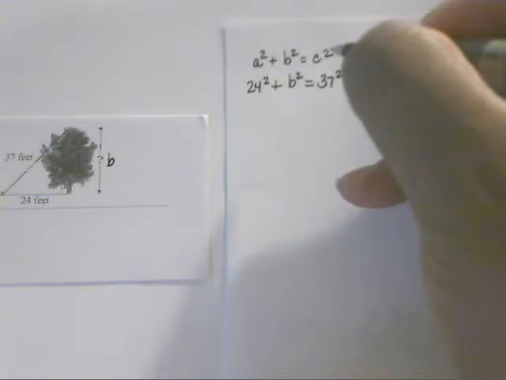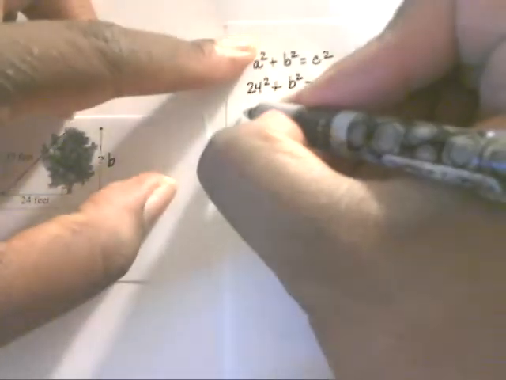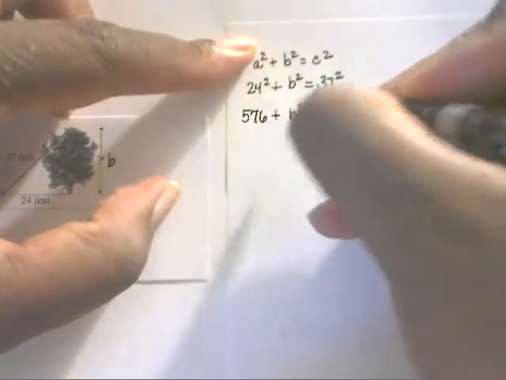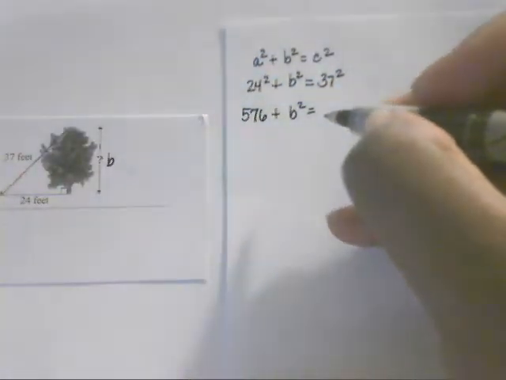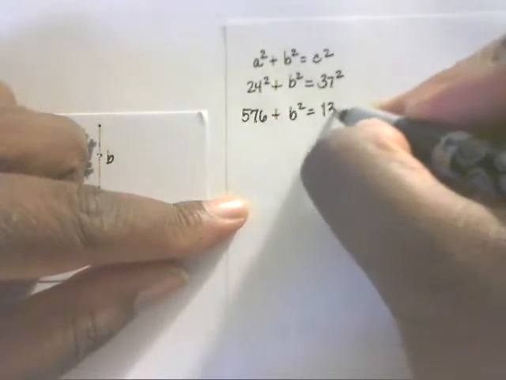Okay, so now 24 squared is 576, plus B squared is equal to 37 squared, or 37 times 37. That's 1,369.